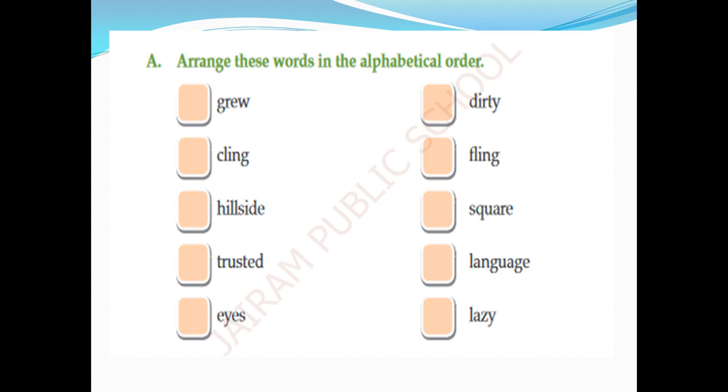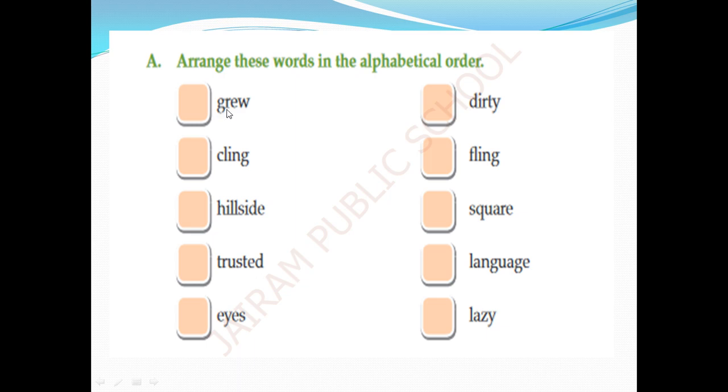We don't have one more E beginning word. So straight away we go from E to the next alphabet. The next alphabet is F. So, fling. This is number 4. We don't have one more F beginning word. So straight away we go to the next alphabet, which is G. Grew.